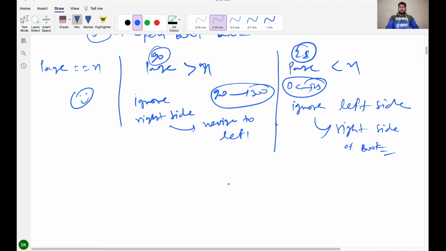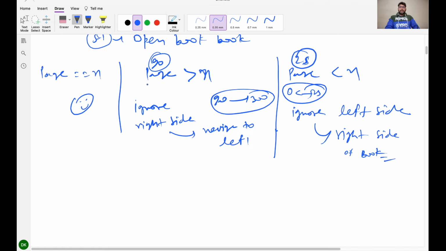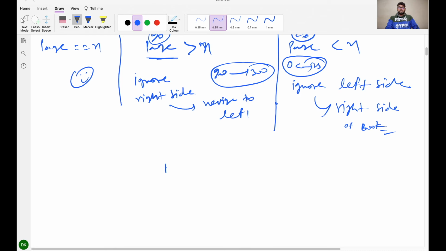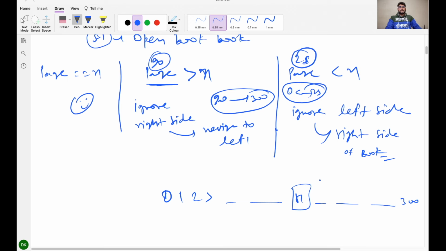So let's say I am at page x, this is 0, 1, 2, 3, x, 300. How can I say that my right side would be greater than x and my left side would be less than x? How can we say that? Because pages are in sorted manner.